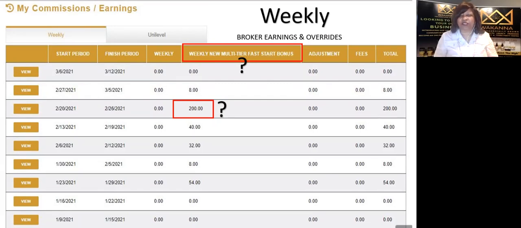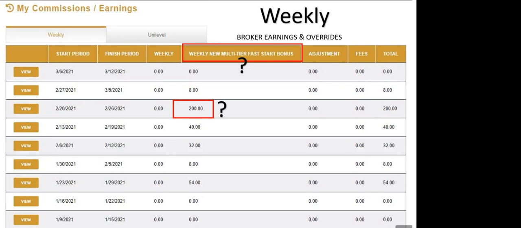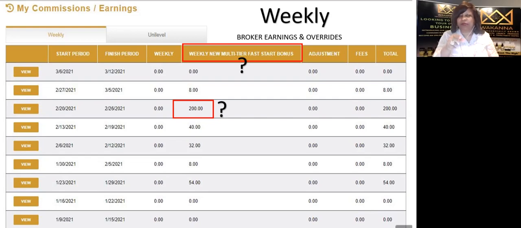Off the top, fast start, how much do you make? $40. You see that $40 under there? That's probably what was sold, right? Every time you sold one, your earnings history in your back office shows you those numbers.